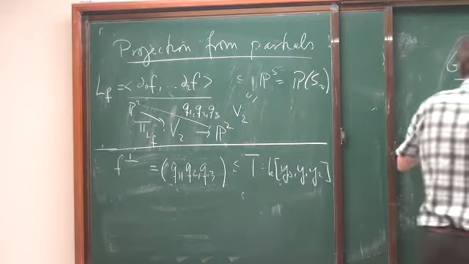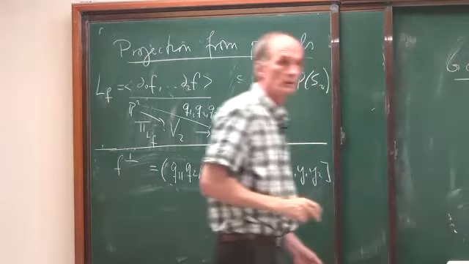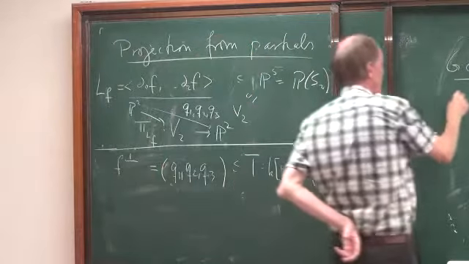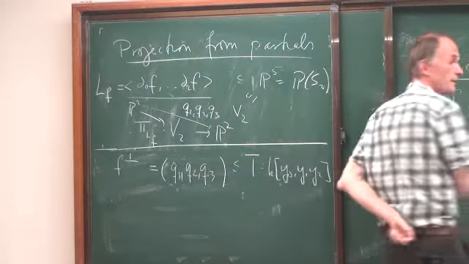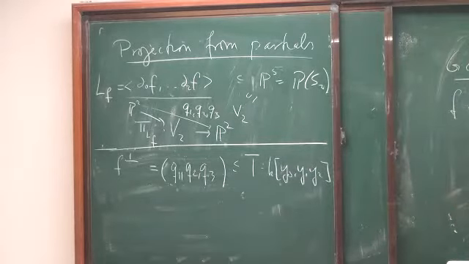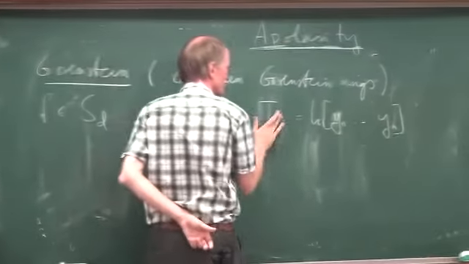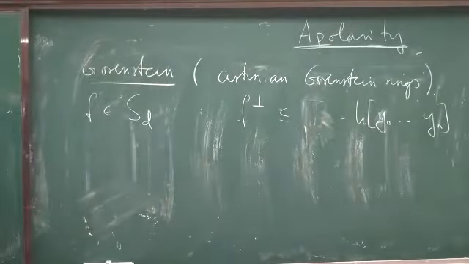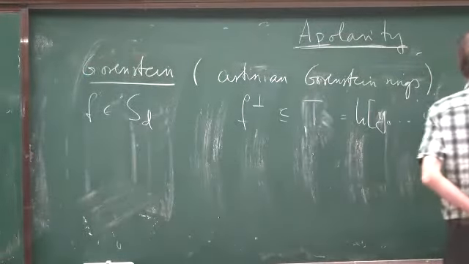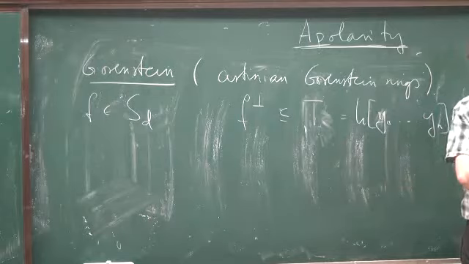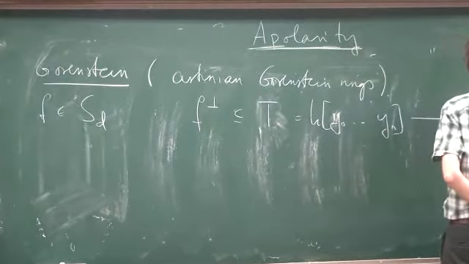Because notice, when I have my F in SD, then F orthogonal lives inside TD, well, it's not only there, it lives in the whole T. And I can take the quotient, I call this AF.